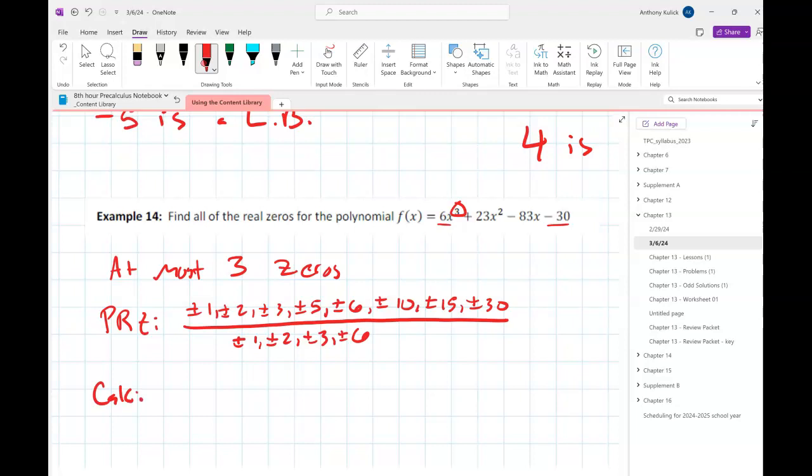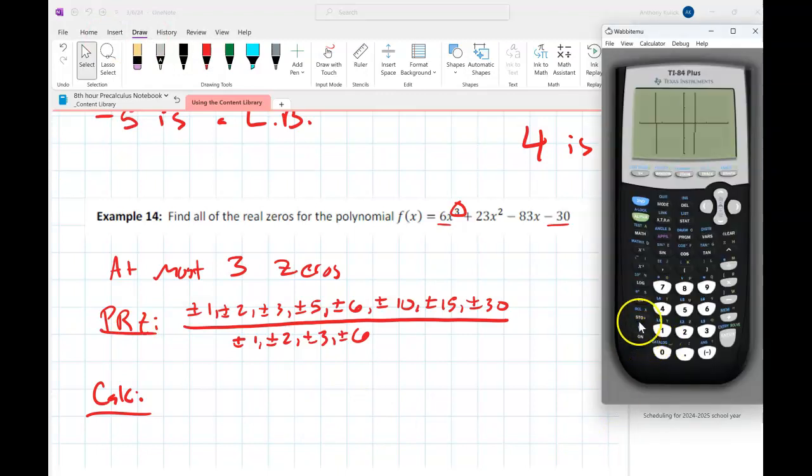Now I'm going to go to my calculator. If you have your calculator with you, I invite you to take it out and follow along. Into my calculator, I'm going to type this polynomial exactly as it looks into the y equals.